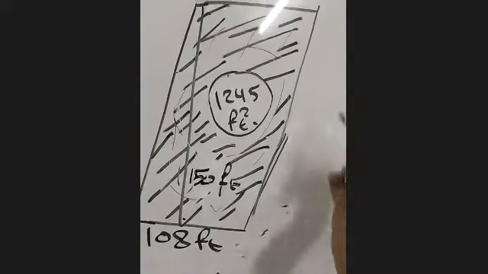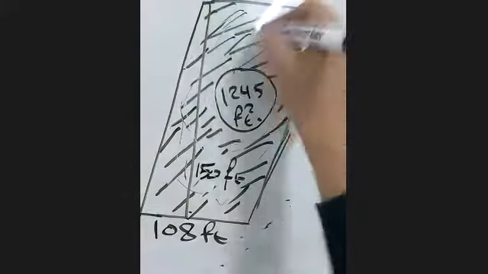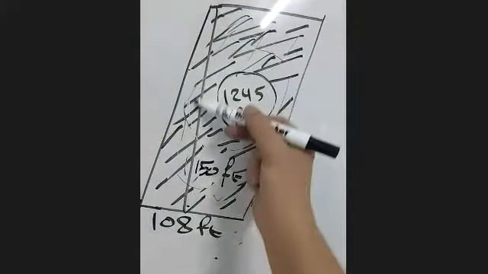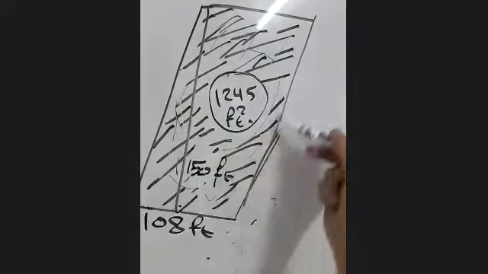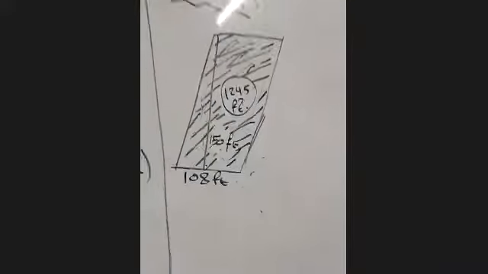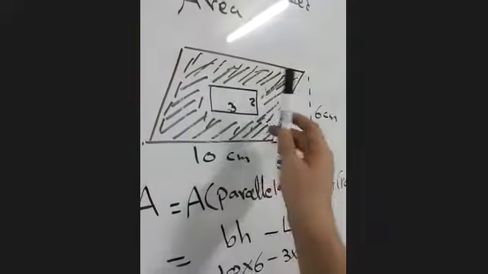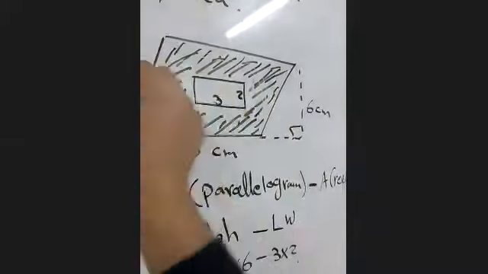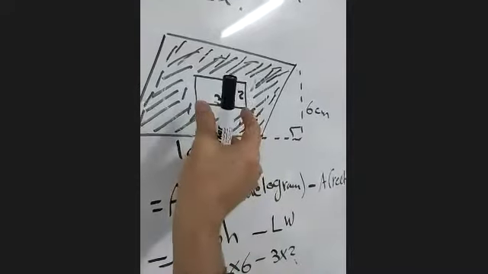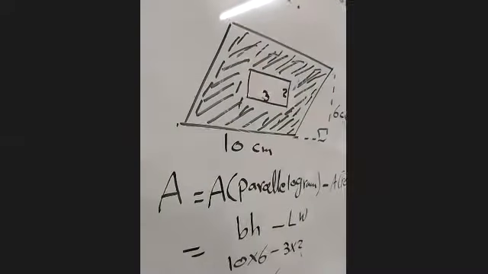Focus. Now here, guys, I want to know the area which is around the lake. Okay? Now here we said if we want the surrounding area, we find the whole area minus the inside area. Right, Badr?